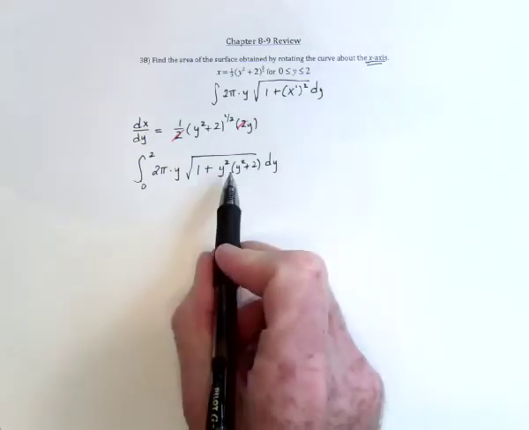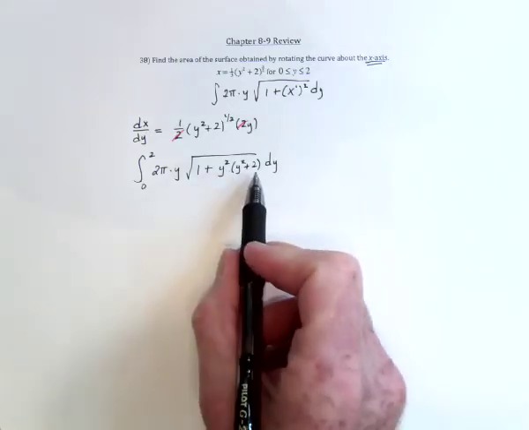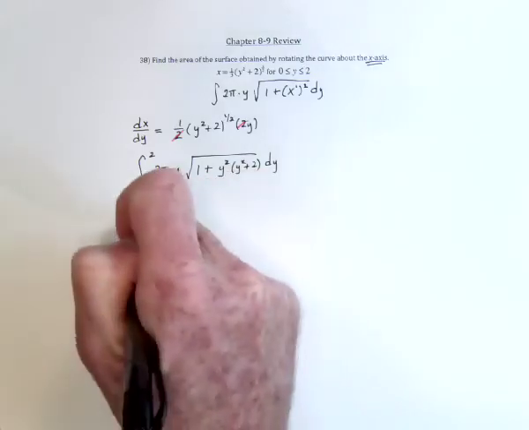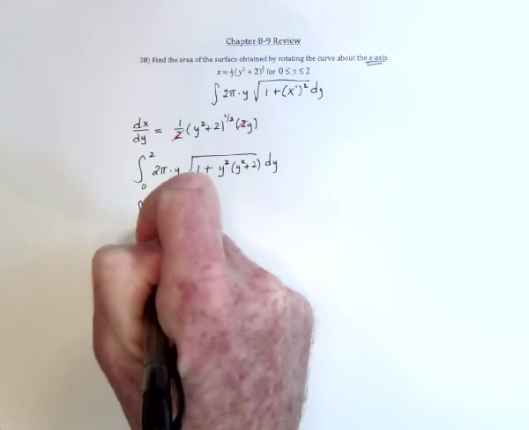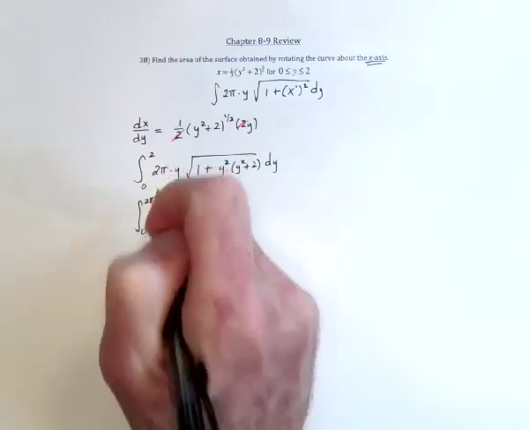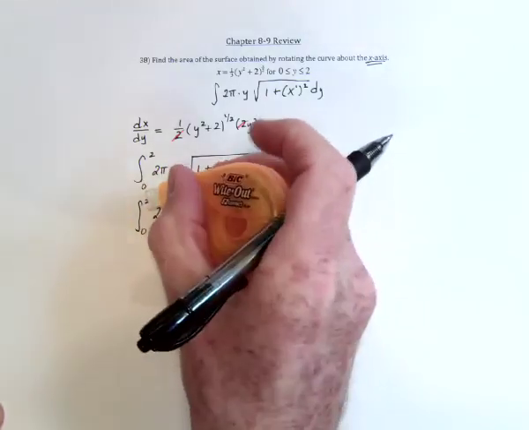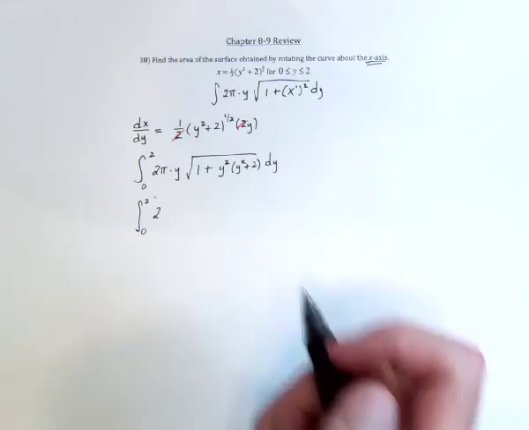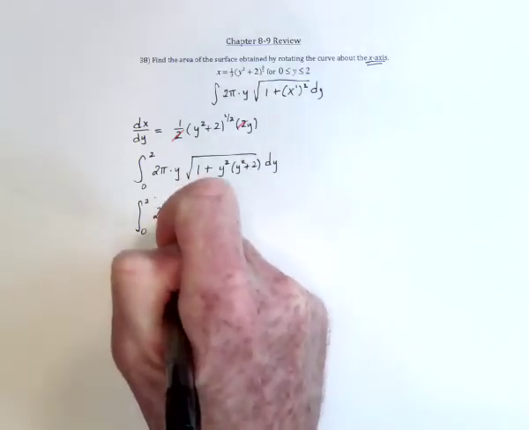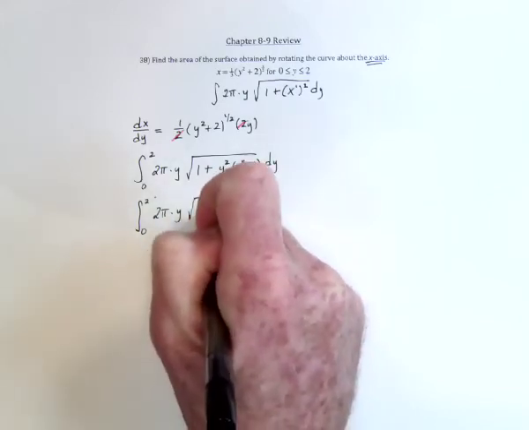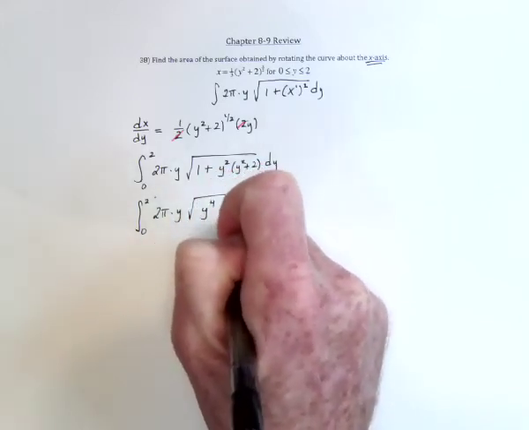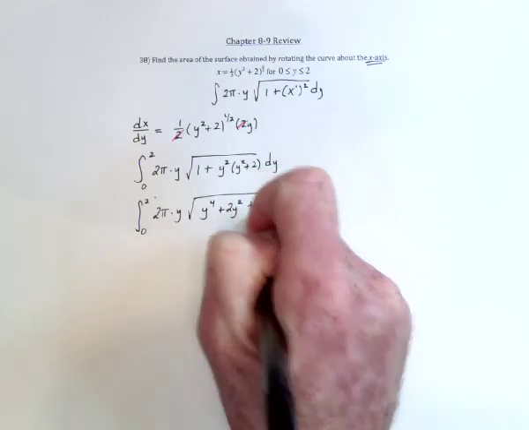Then multiply this out and get y to the 4th plus 2y squared. That's limit is 0 to 2. And then it's 2 pi times y, the square root, and I'll put them in order, y to the 4th plus 2y squared plus 1.